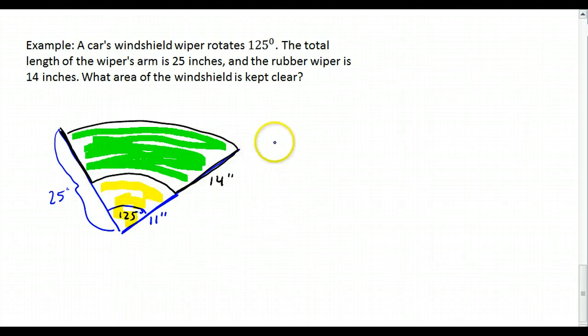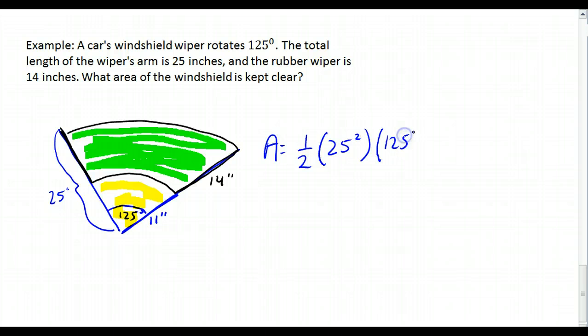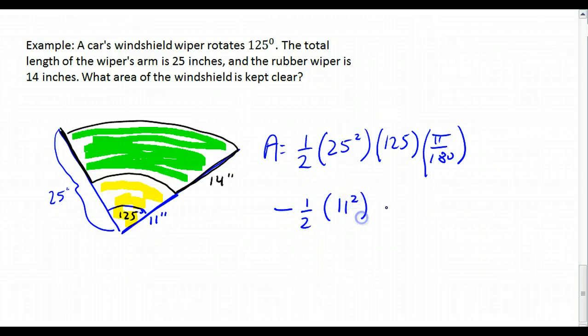So the area of the entire thing is going to be 1/2 25 squared times 125, and since that's in degrees, we've got to multiply by pi over 180, and I'm going to subtract this yellow area right here. So that's going to be minus 1/2 11 squared times 125 times pi over 180.